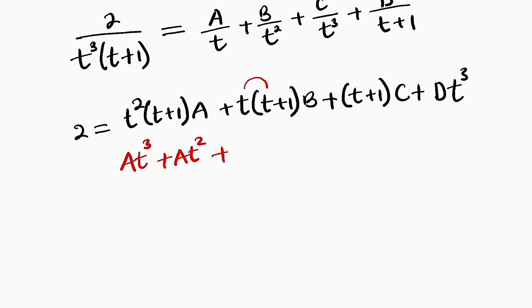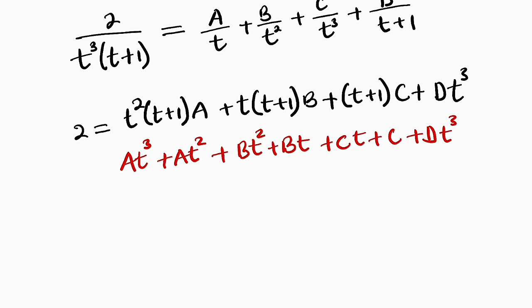Plus t times t is t squared times b is b t squared. t times 1 is t times b is bt. Moving on, we have c times t is ct. c times 1 is c. Then lastly, we have d t to the power of 3.